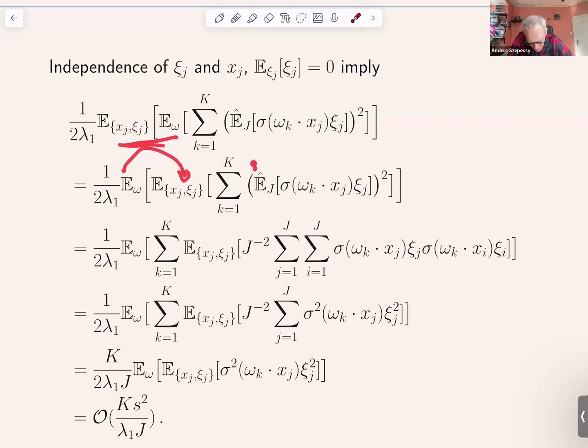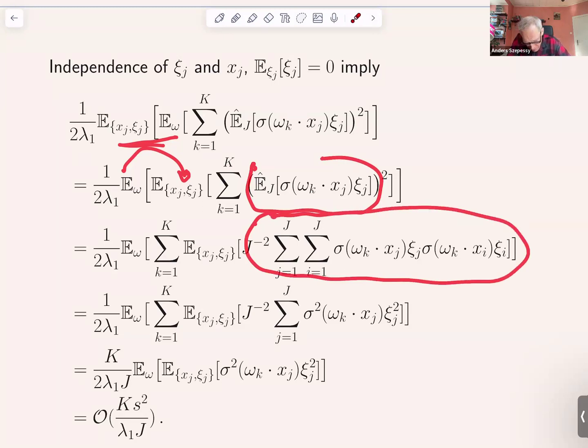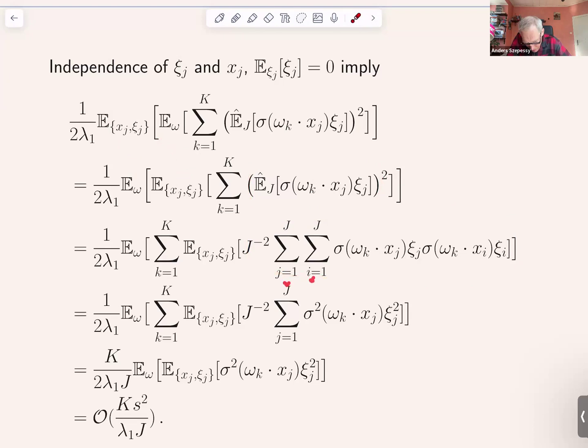Okay, and then the double sum here is written out explicitly here. So we have a sum over I and j.